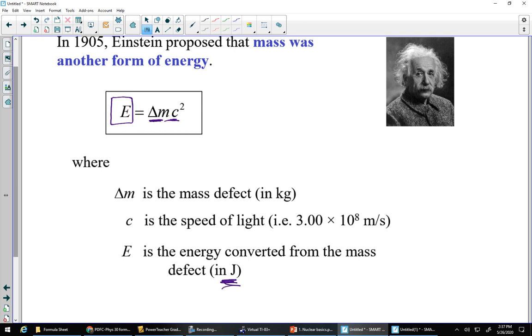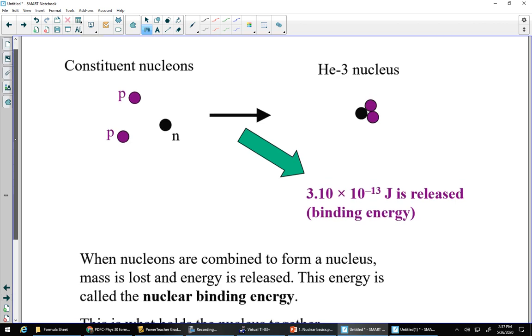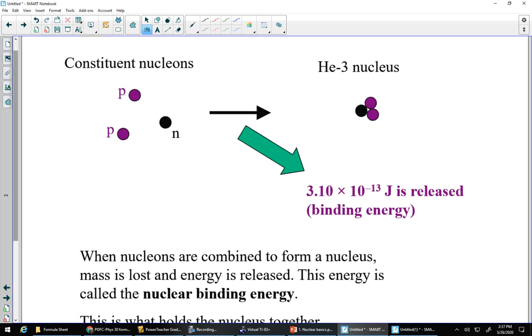Has to be in joules if we're using this formula. Cool. So what he proposed was, it is the energy released as that nucleus comes together.